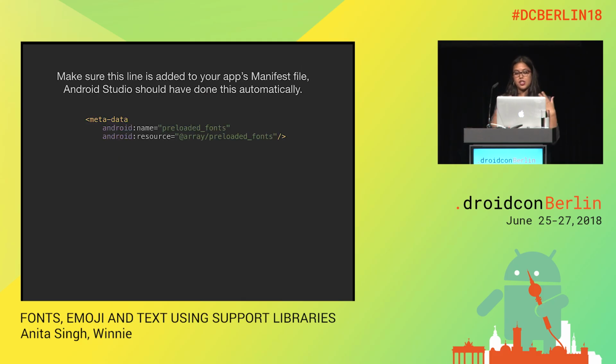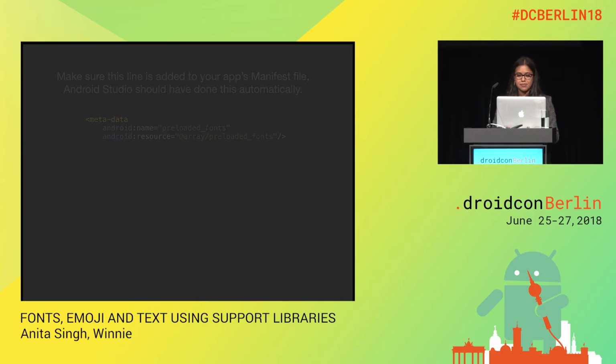And this file needs to be referenced in your Android manifest for it to work with the preloaded fonts metadata. Android Studio does automatically add this to your manifest file, so just check to make sure it's there.